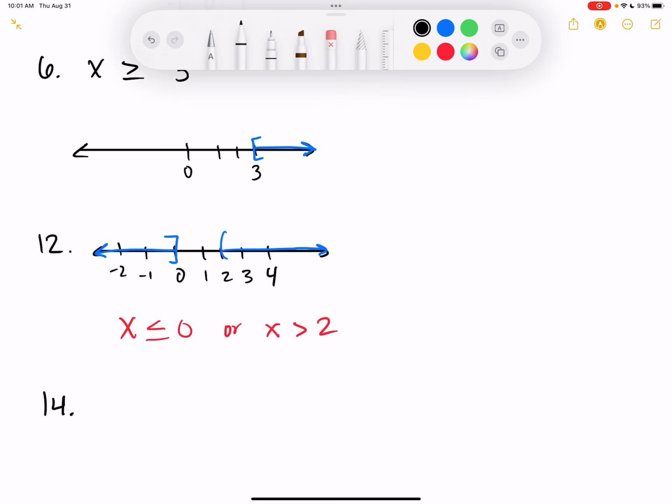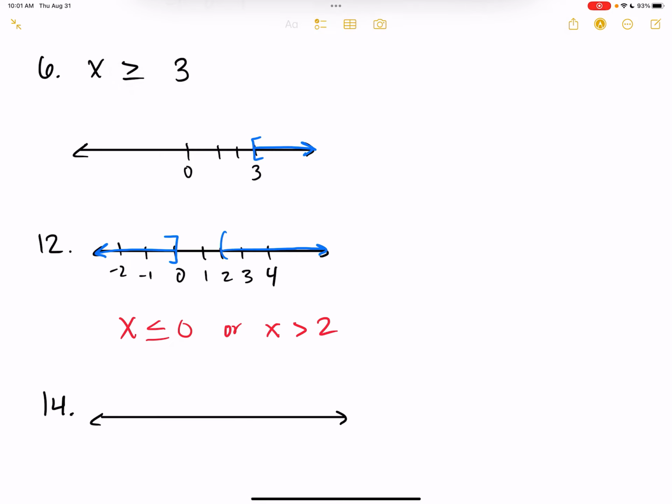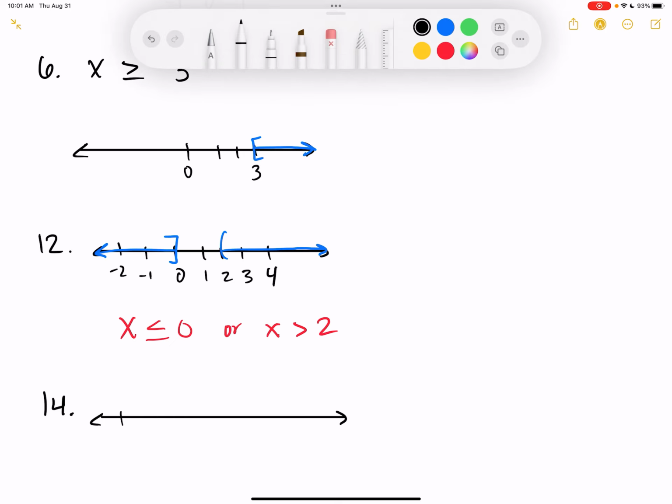14, they give it to us as a graph where they count in increments of 3. So -6, -3, 0, 3, 6, 9. And they would have the equivalent of a parentheses at -3 and a bracket at +9.